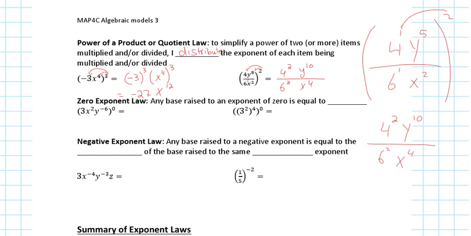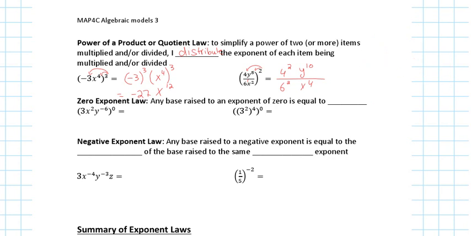Now, if I want to simplify this, what's 4 to the power of 2? 16. Y to the power of 10 over. Excuse me, I did simplify first. That's four and six.